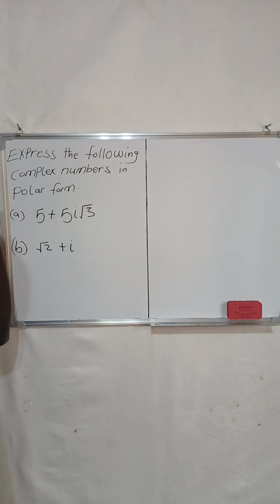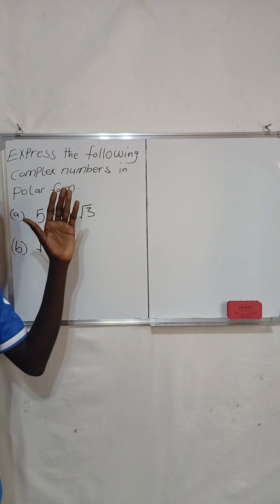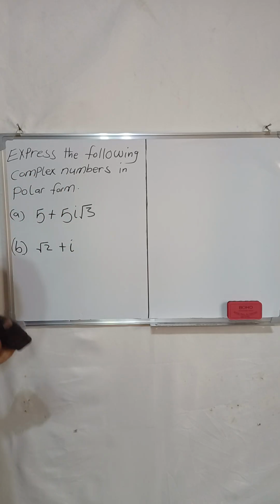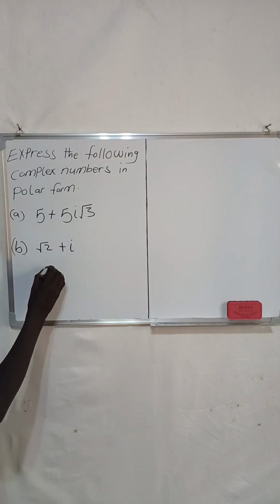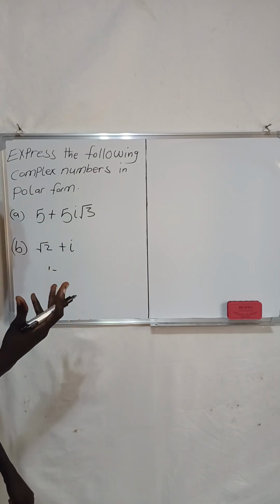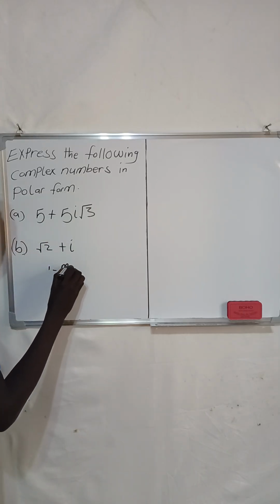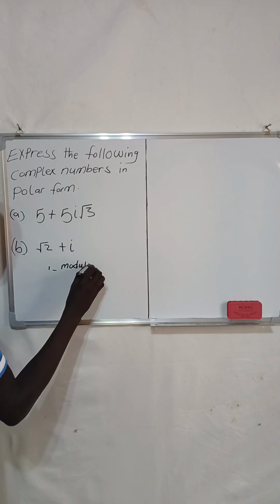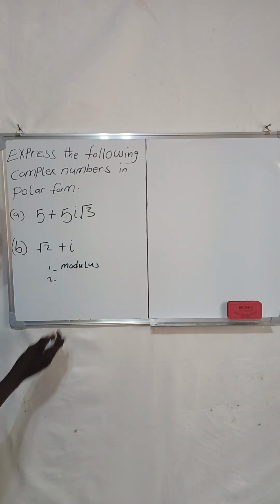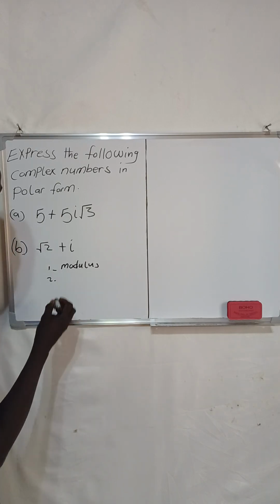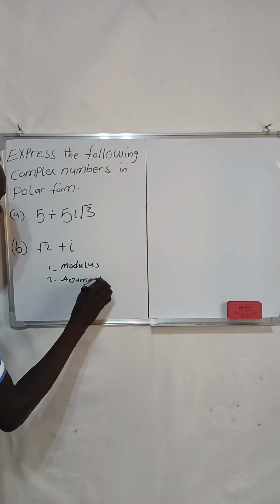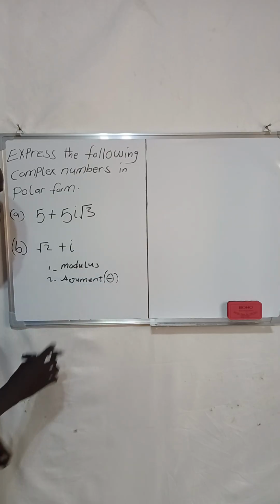Whenever you are asked to express any complex number in polar form, there are three steps you are going to follow. Number one, you have to find the modulus of the given number. Number two, you have to find the argument of the given number, which is the angle theta.